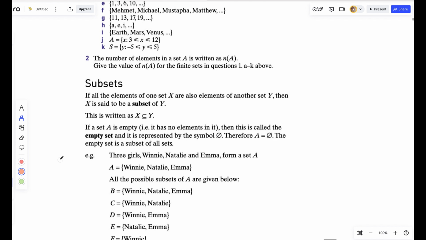If all the elements of set A are also elements of set B, then set A is said to be a subset of set B. Now this is exactly what I'm saying.